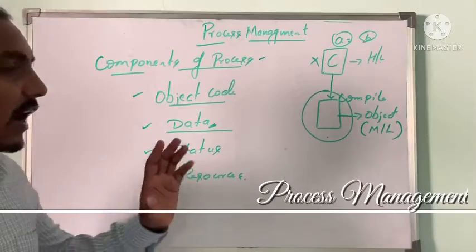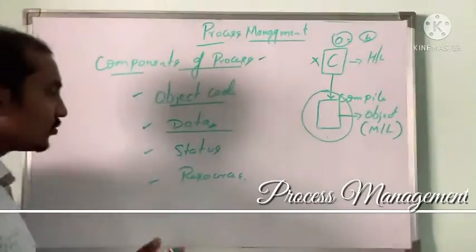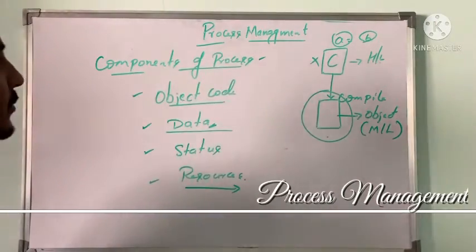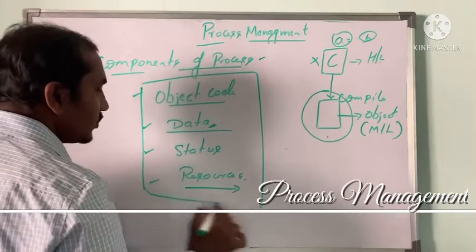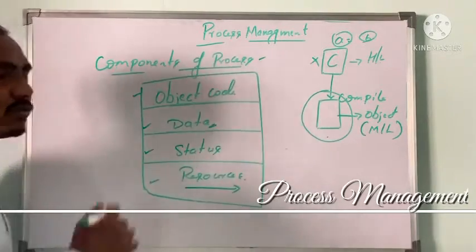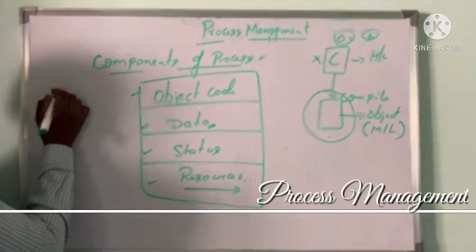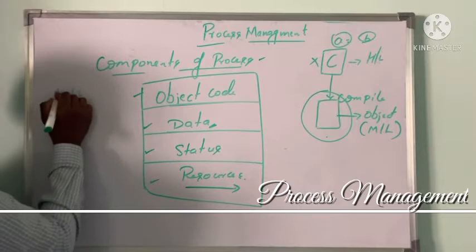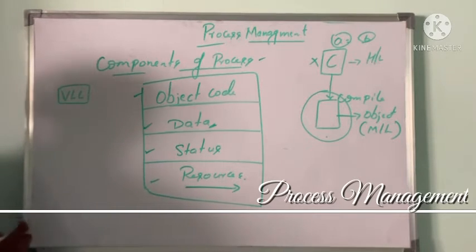So those hardware devices, or any files that you store in the memory, will be considered as resources. Say for example, if I take an example of a process, simply consider I am creating a program, or I have a VLC player. VLC player is a software or a program.